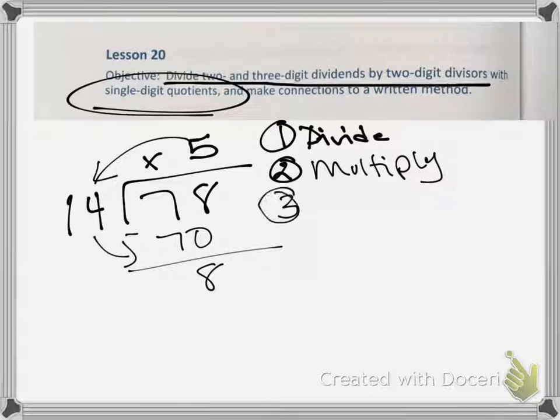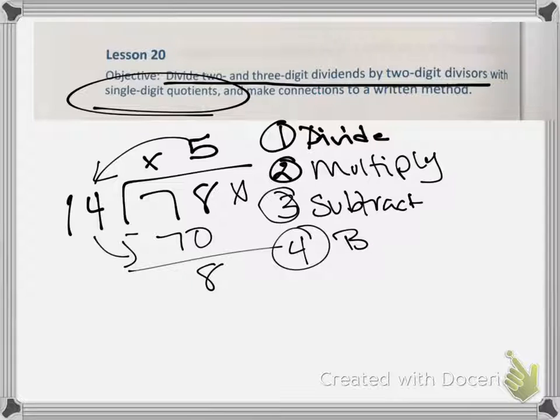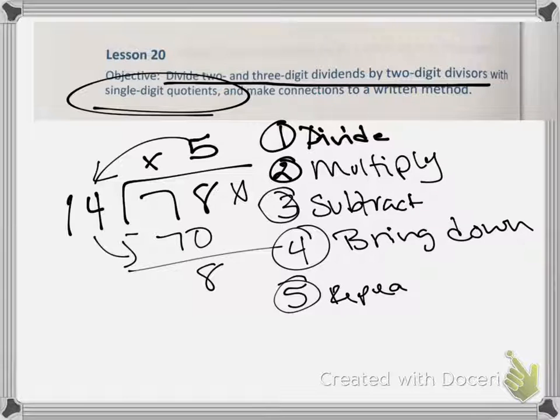Third step was subtract, which I just did. Fourth step is to bring down, if we're able to bring anything down, but there's nothing here, so we can't bring anything down. Fifth step is to repeat or remainder. And we have nothing to repeat, so we have a remainder of 8.